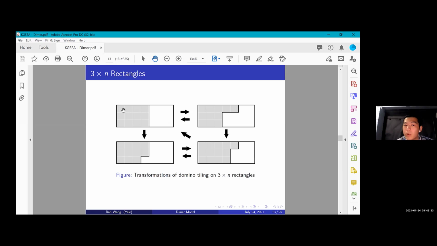So for example, for the gray part, that means we have filled them with dominoes already, and then we think about placing another domino on the right. If we place a vertical domino on the right, then we come to the pattern at the lower left corner.